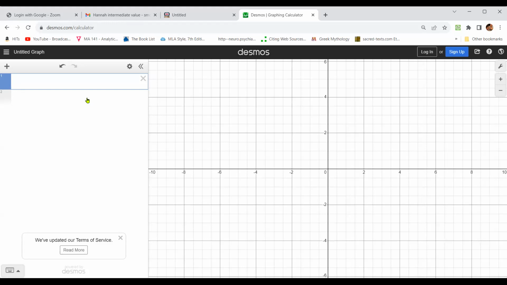They can ask you to find a value of C and stop there. But you always have to show that the IVT applies before applying it. So there's some things that we have. We have a function or a function composition.